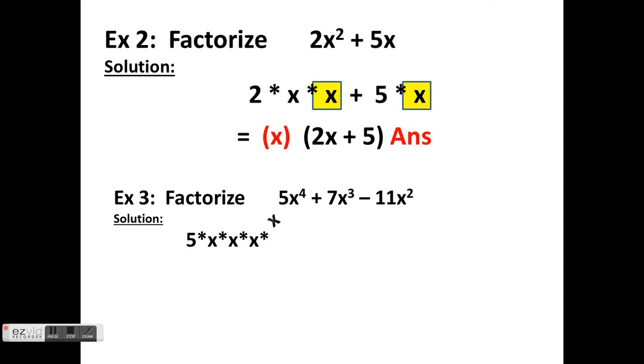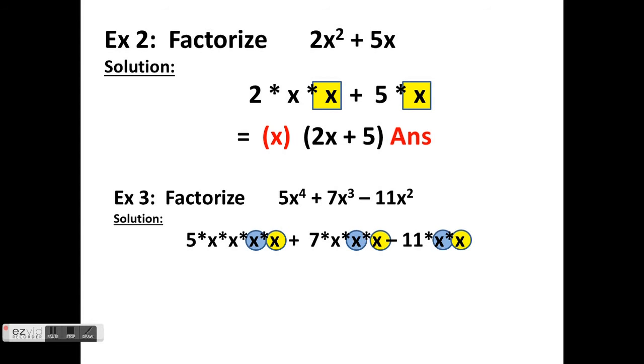Similarly 7x cube also, minus 11x square also. Now we will search for common factors in all the three terms. First one x, again one x. So two factors we got.